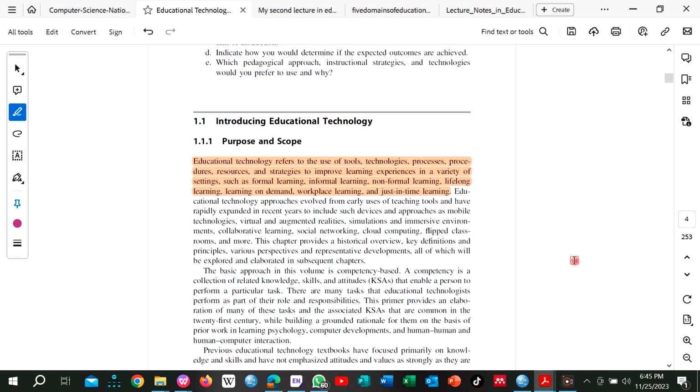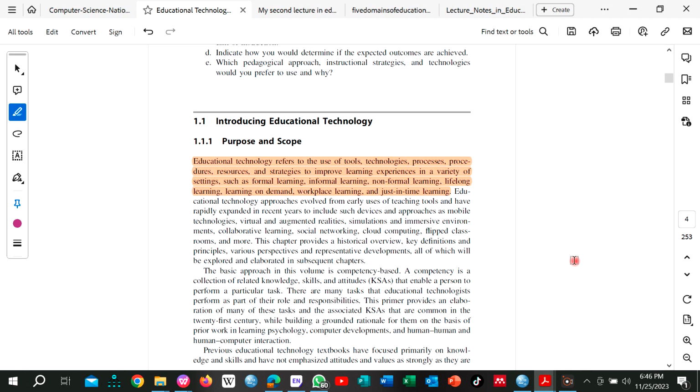Education technology is about the tools, like computers, the internet, and Google Meet, which we are using. It is also about the processes we use to design and implement technologies.